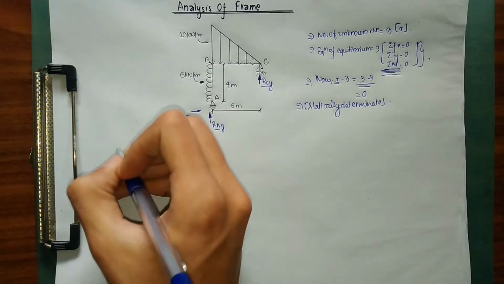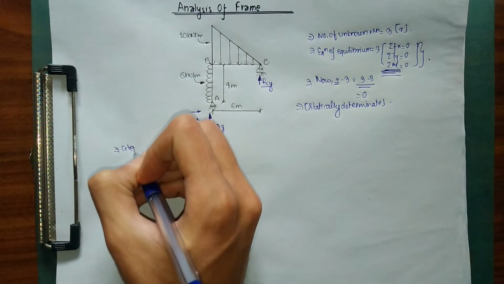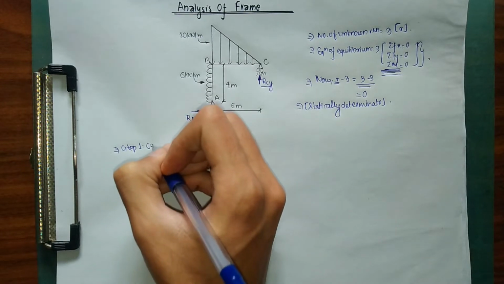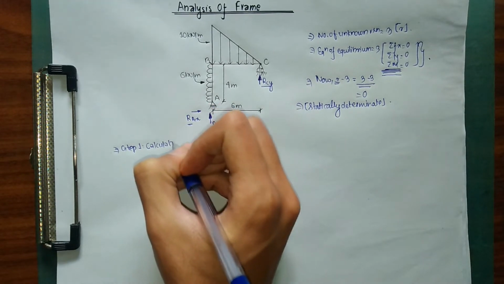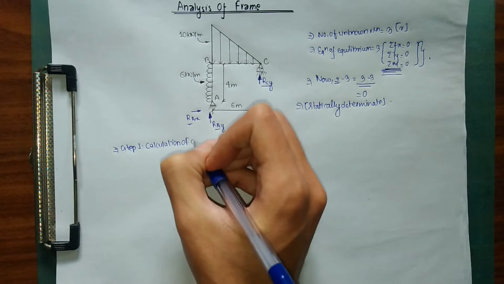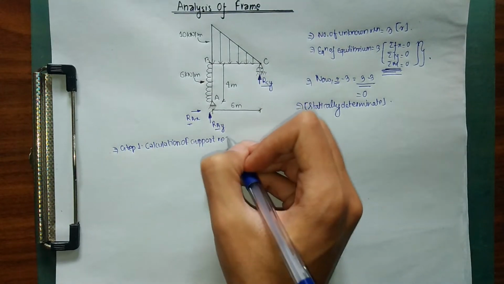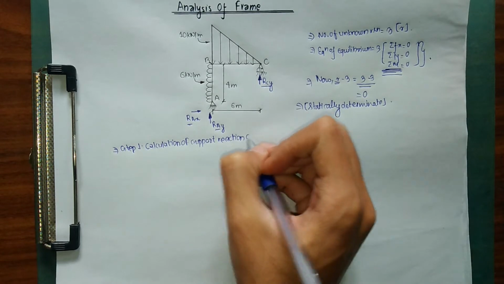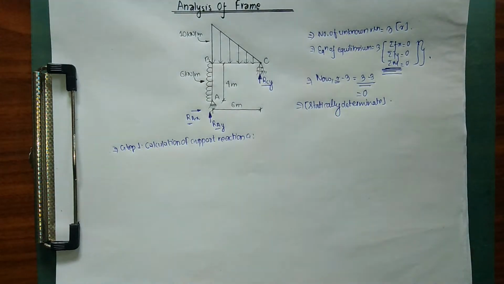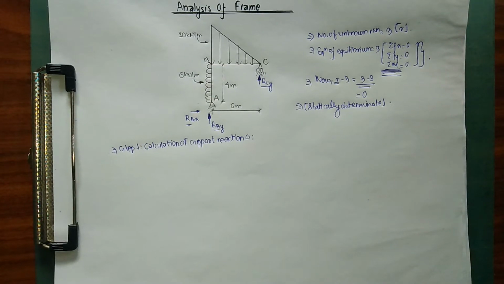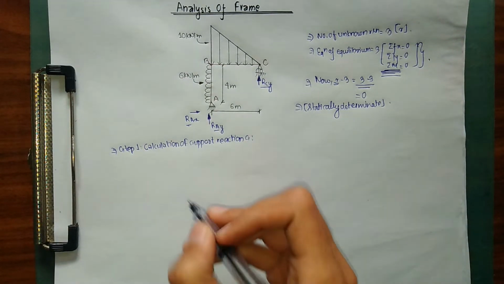So now for our step 1, we have the calculation of support reactions. We're going to find our values of RAX, RAY, and RCY. While calculating these, we can follow any sign convention.